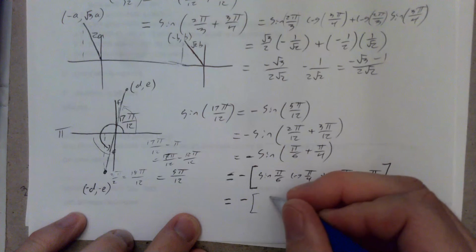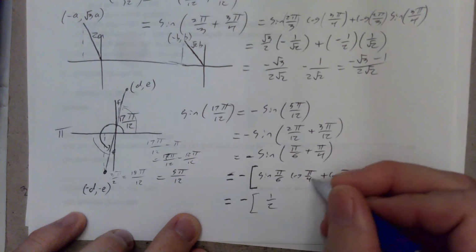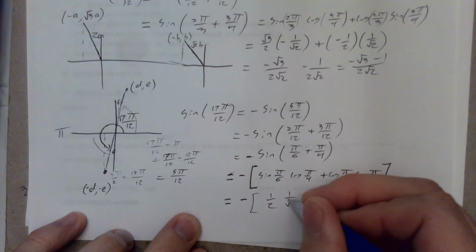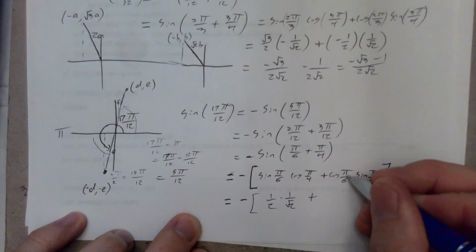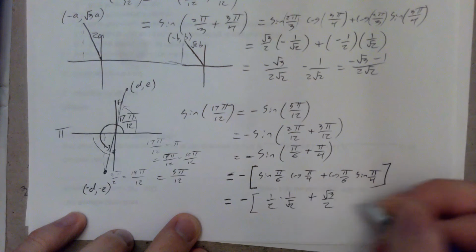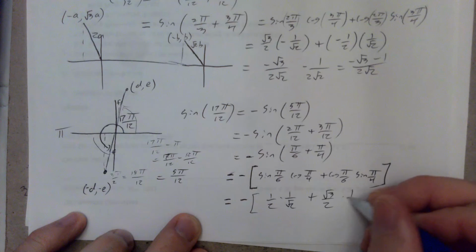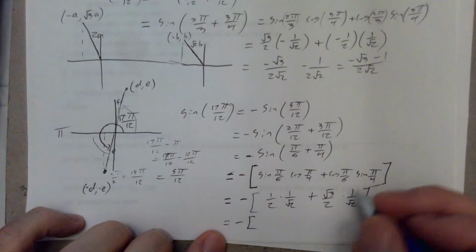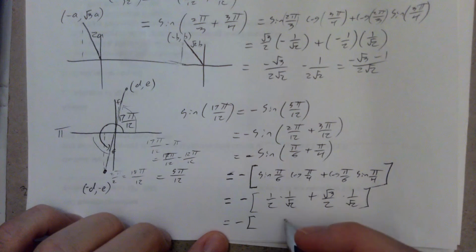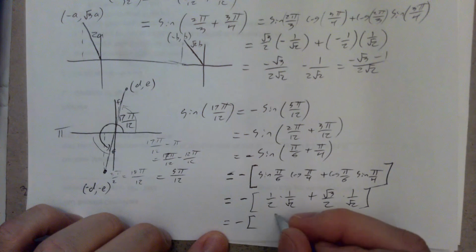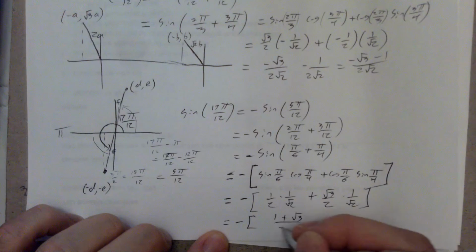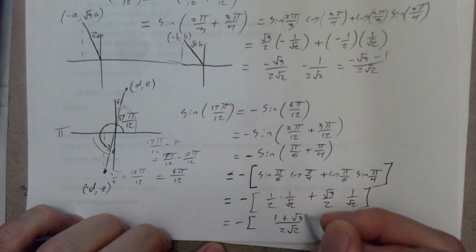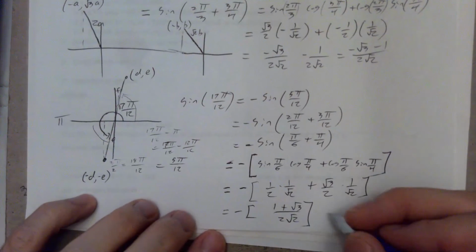Sine of pi by 6 is 1/2. Cosine of pi by 4 is 1 over root 2. Cosine of pi by 6 is root 3 over 2. Sine of pi by 4 is 1 over root 2. So we get the opposite of, this already has a common denominator, 1 plus root 3 over 2 root 2, which without the square brackets works fine as a final answer.